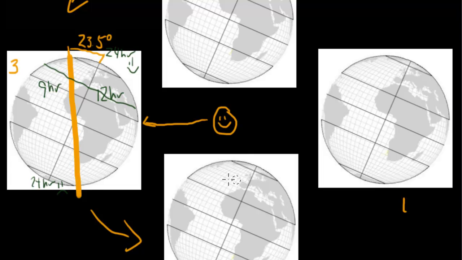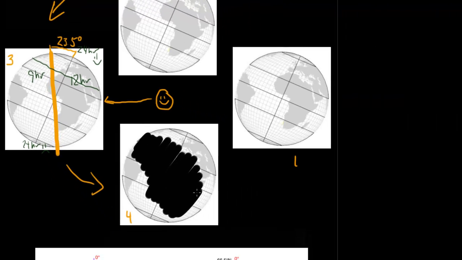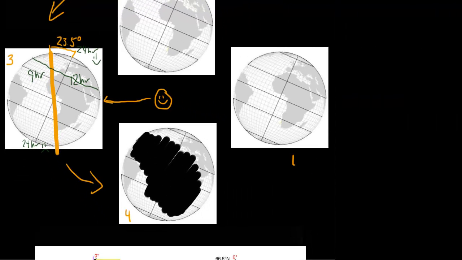Basically what happens is the side that's facing toward us is the side facing away from the sun. This is the dark side. The other side is illuminated. So probably what I should do is go in here and color this whole side. Let me see if I can do it this way.